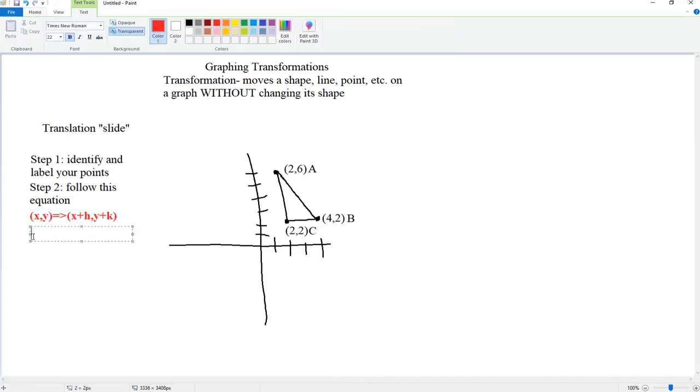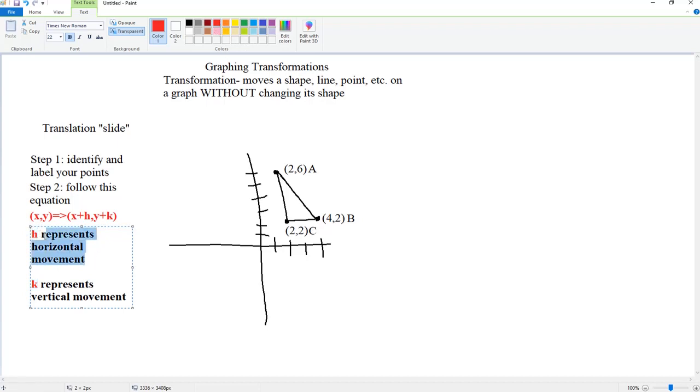In this case, h represents the horizontal movement, and k represents vertical movement. So when I'm talking h, I mean left and right, and when I'm talking k, I mean up and down.